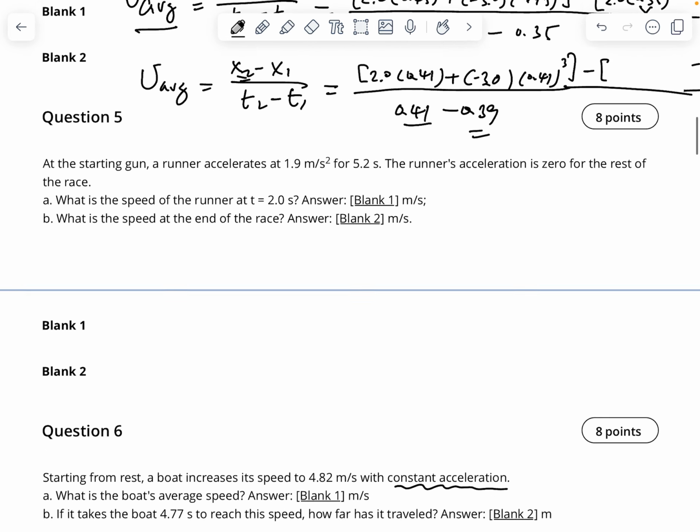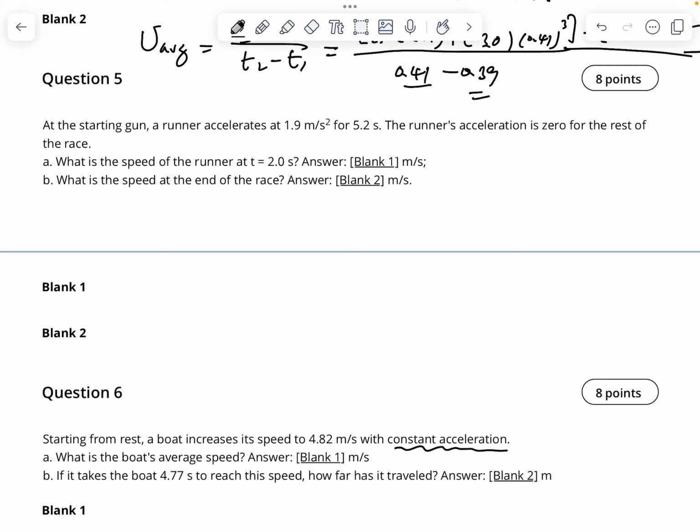All right, so next one. At the starting gun, a runner accelerates at 1.9 meter per second squared. Okay, so this is your acceleration, a equals 1.9, time 5.2 seconds. And at the starting point, the runner starts at 0 with velocity 0 meter per second.